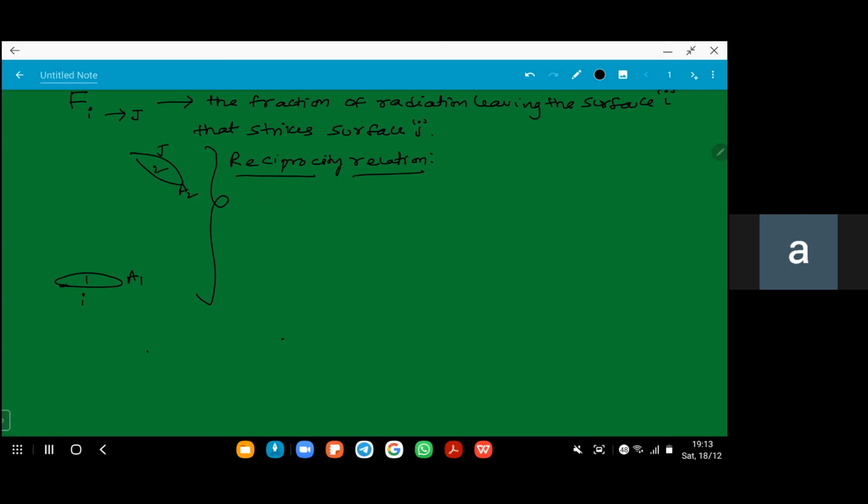What the reciprocity theorem states is A1 F12 is the same as A2 F21. Don't forget what F12 is: the fraction of radiation leaving 1, striking 2. Similarly, in A2 F21, F21 is the fraction of radiation leaving 2, striking 1.